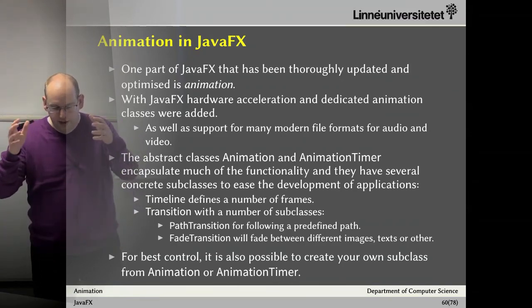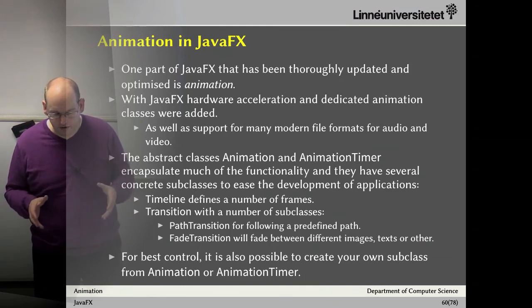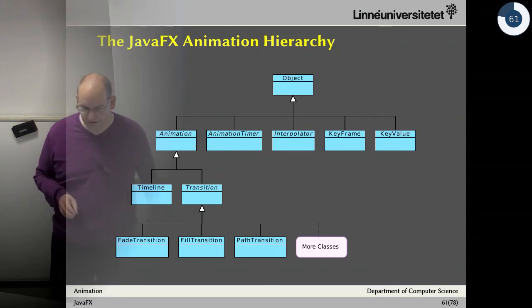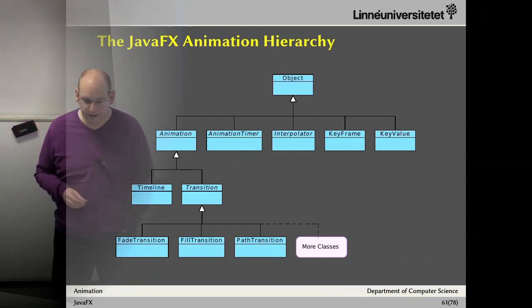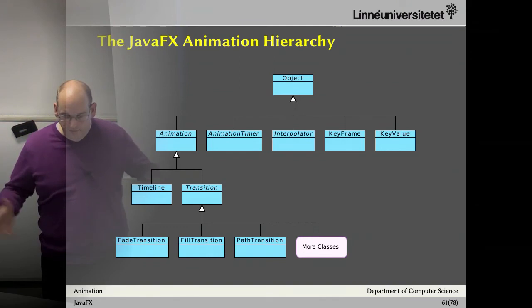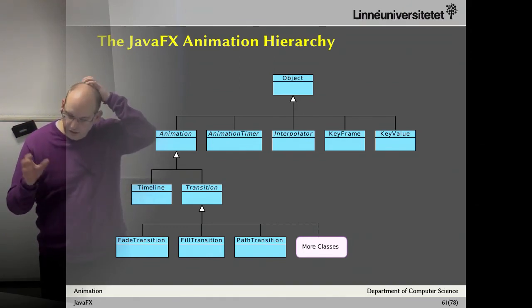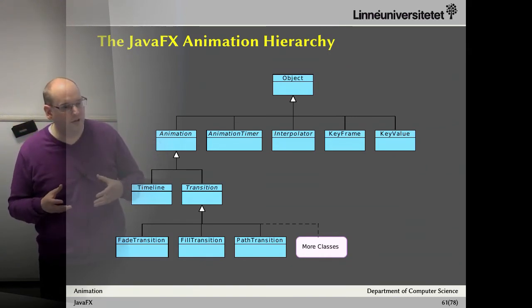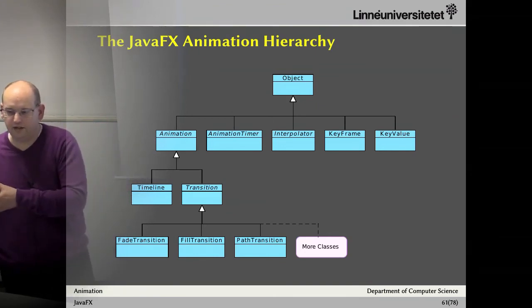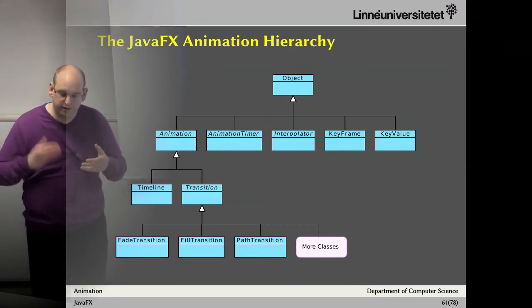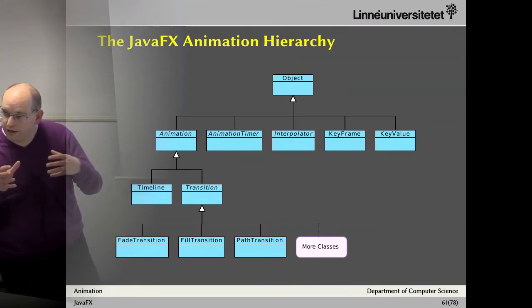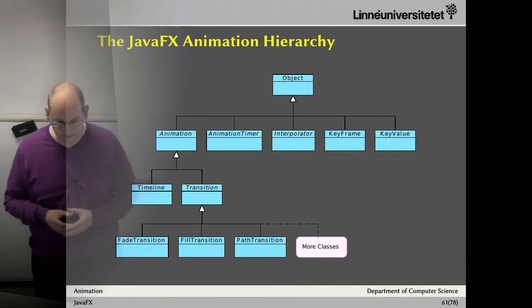We have on the top Animation and AnimationTimer, and well, I think I did this and this is very good, so have a look. The idea here is to show the animation hierarchy where, and this is important, Animation and AnimationTimer inherit directly from Object, so they are not really part of the JavaFX package as such, but inherit directly from Object. So they are very well integrated into Java.